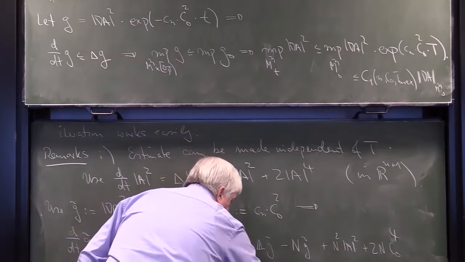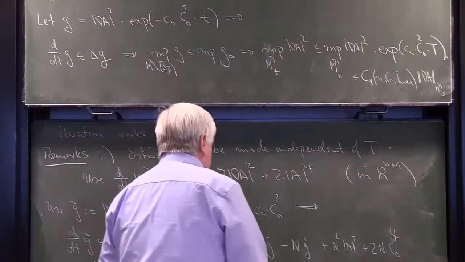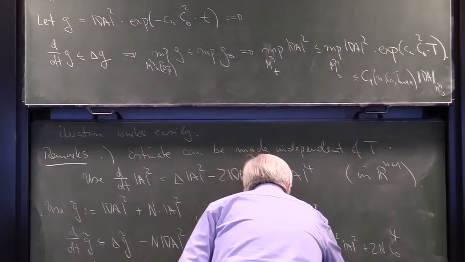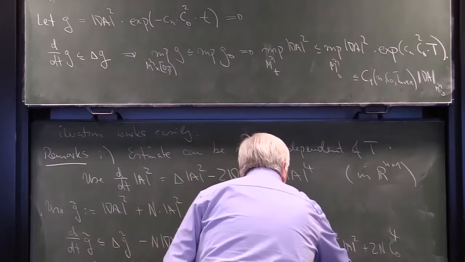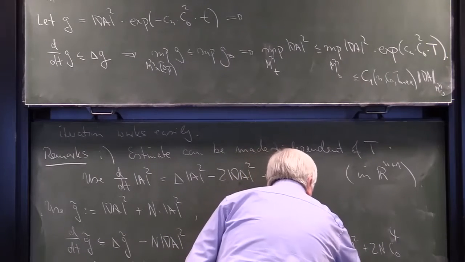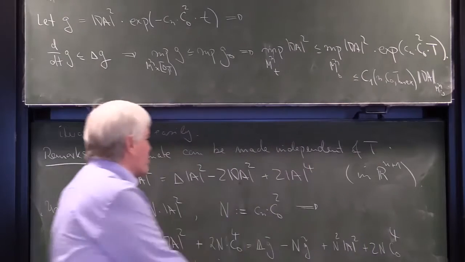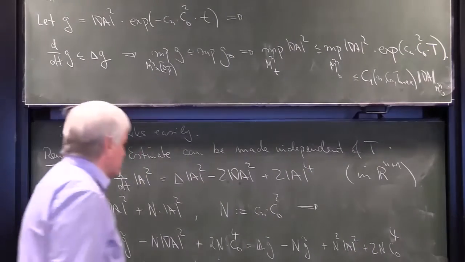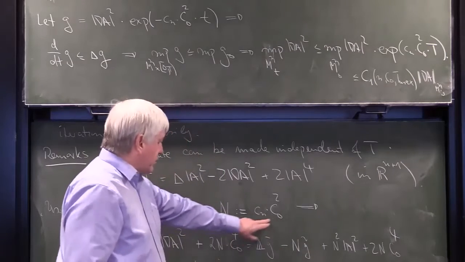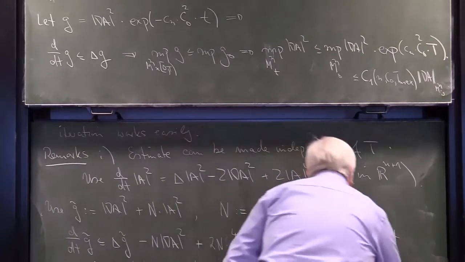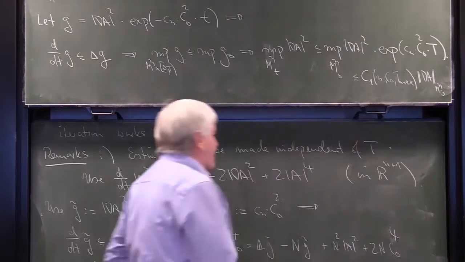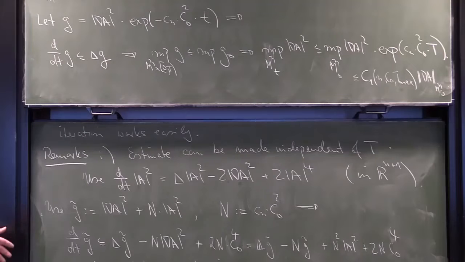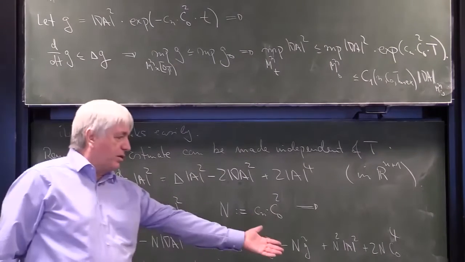So G tilde cannot have a new maximum larger than n C0 squared plus 2 C0 to the 4, which is something like 2 plus Cn times C0 to the 4. Therefore, G tilde must be bounded either by the initial data or by this quantity.